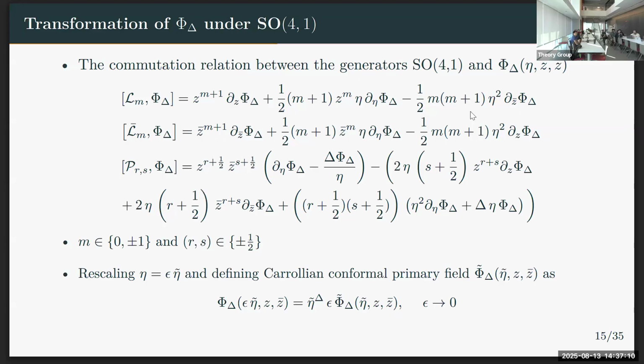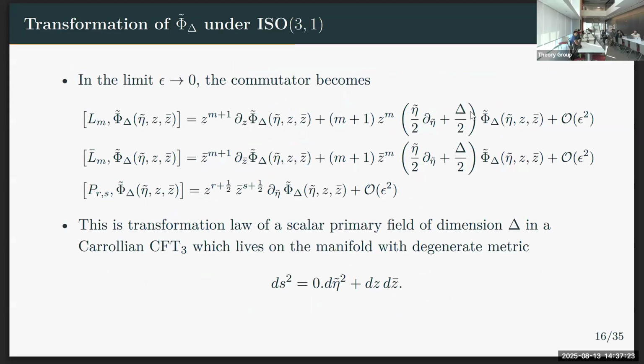Now if I do this near boundary limit of this transformation, which is basically defined like this, and I define this phi tilde delta, I get this transformation. Here you will see that the way PRS is defined, it just acts as some differential operator on phi tilde, but now this LM and L bar M have this delta.